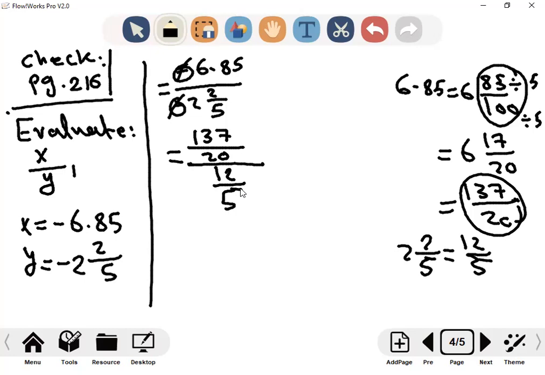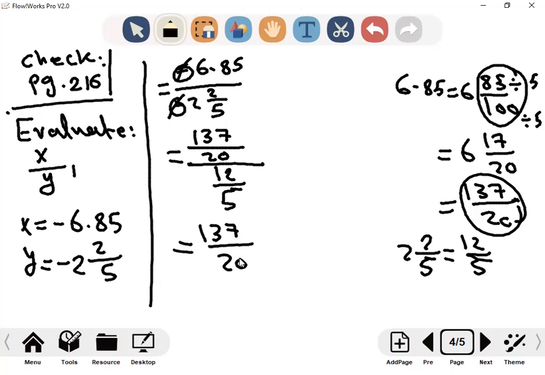Now let's apply the division formula. What do we need to write? 137 over 20. So up, it will be the same, right?